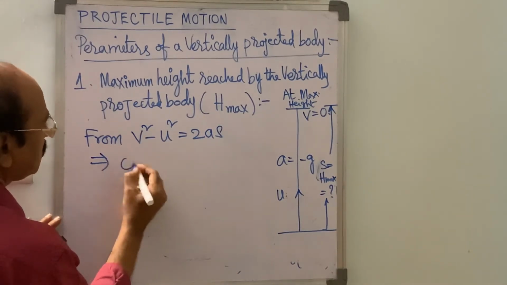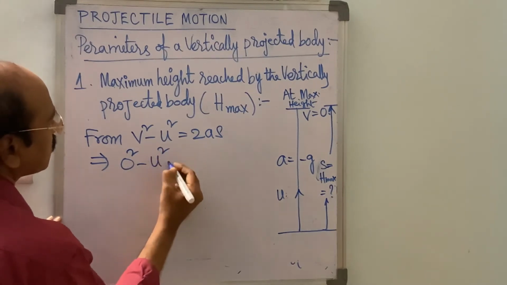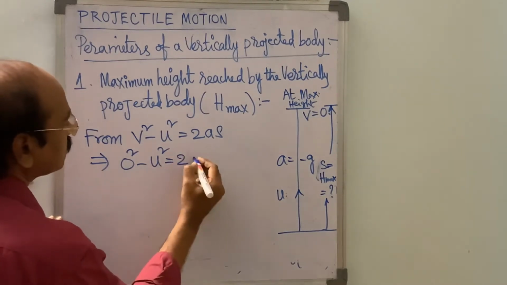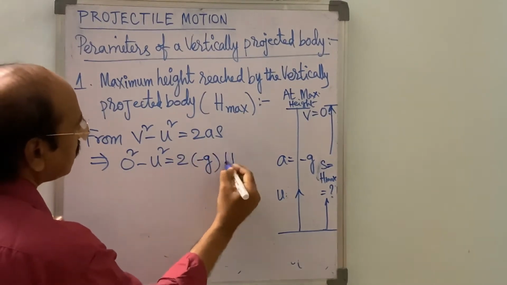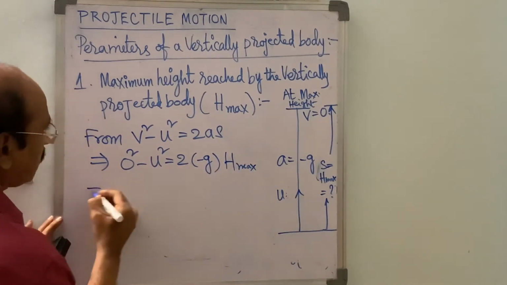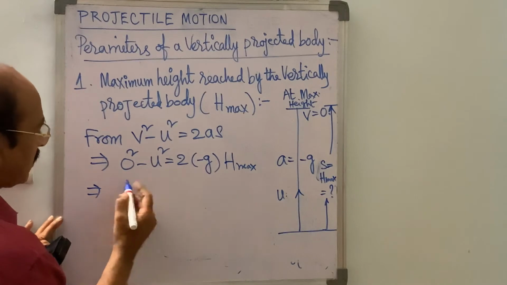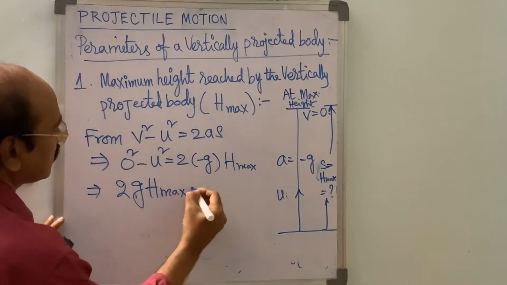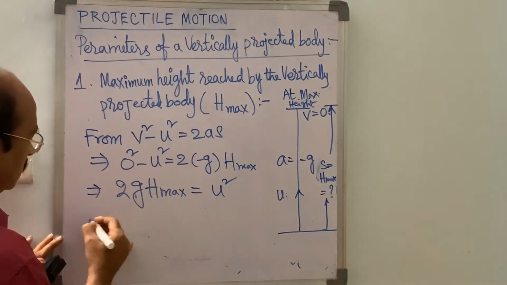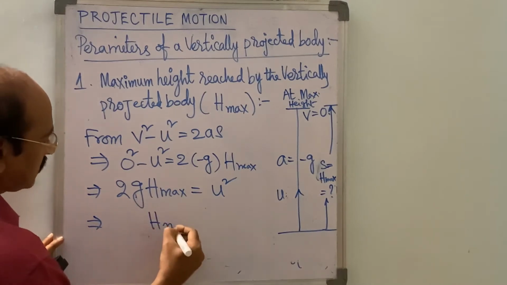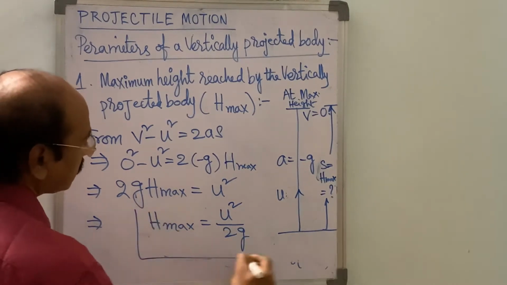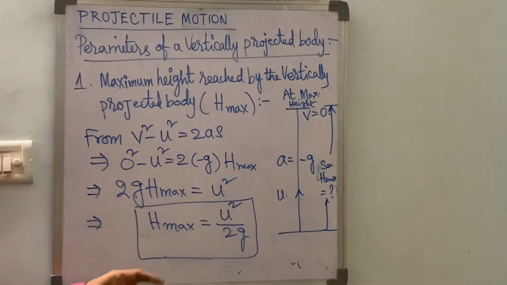V square is here 0 square minus u square equal to 2 into minus g, and as the body is moving up, s equal to h maximum. Therefore, minus u square equal to minus 2g h maximum, so h maximum is equal to u square by 2g. So this is the expression for maximum height reached by the vertically projected body.